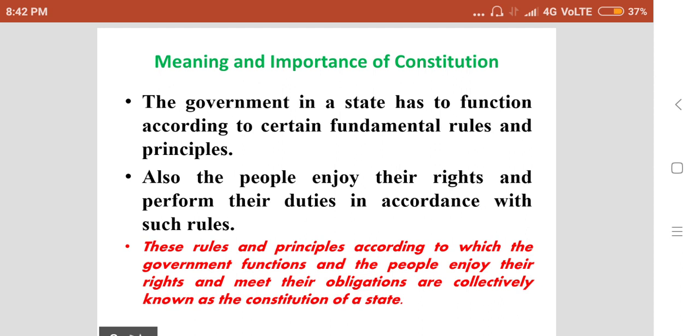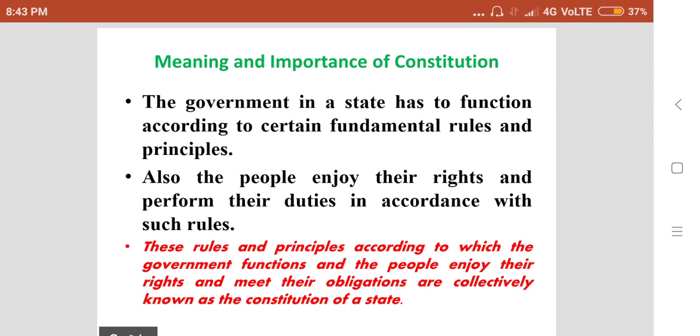Whatever may be the system of government, there must be a constitution for government. The government in a state has to function according to certain fundamental rules and principles. Also, the people enjoy their rights and perform their duties in accordance with such rules.